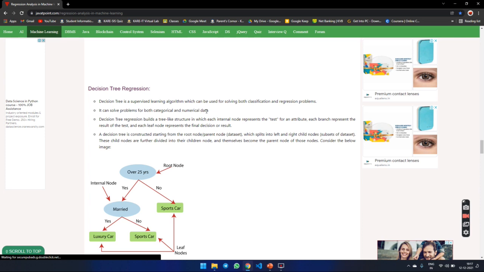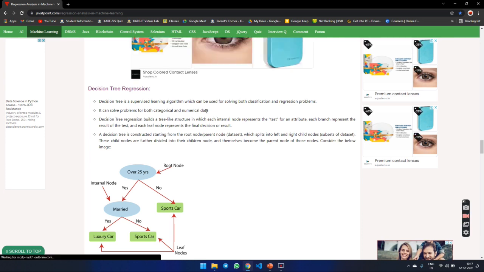Decision tree regression is a supervised learning algorithm which can be used to solve both classification and regression problems. It can solve problems for both categorical values and numerical data.